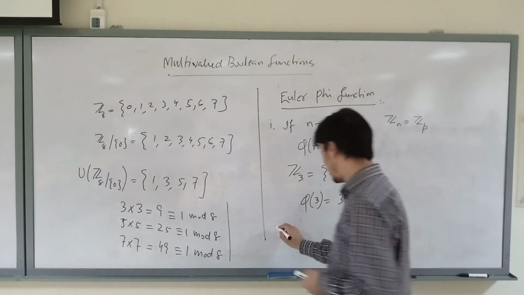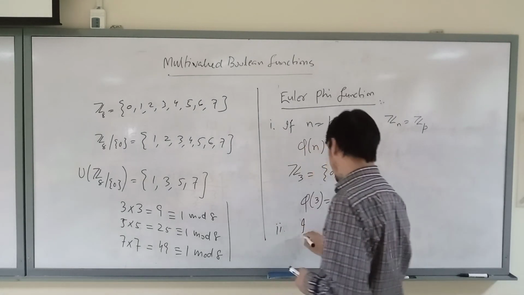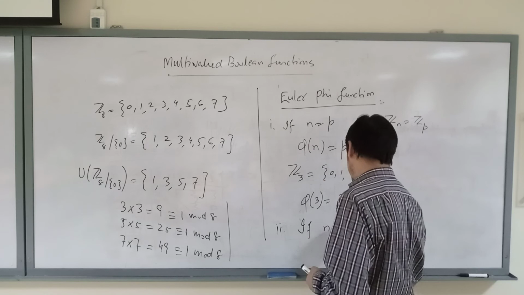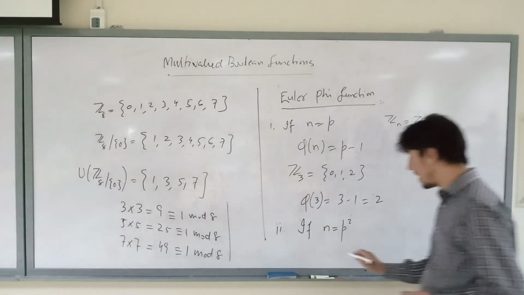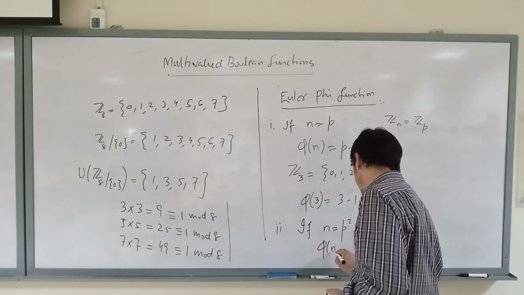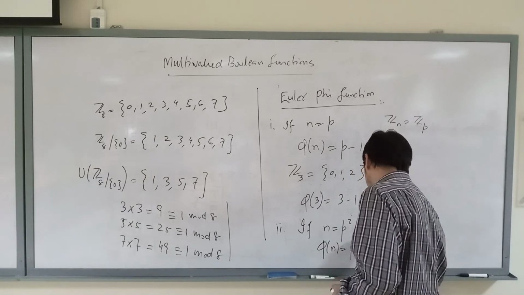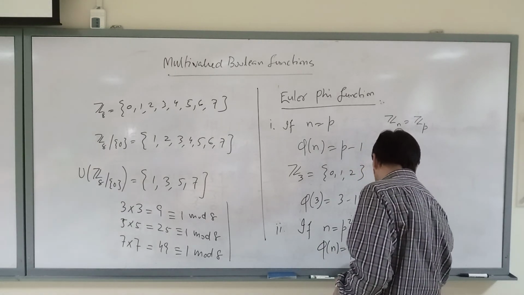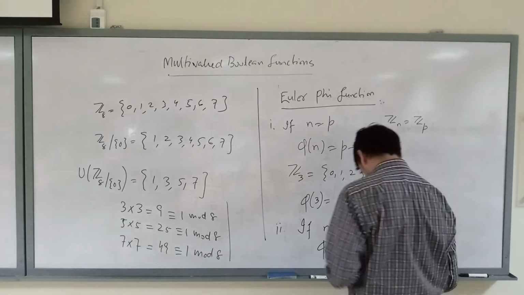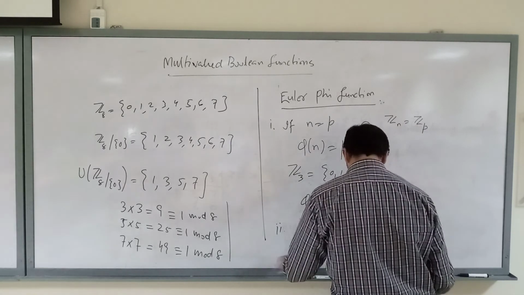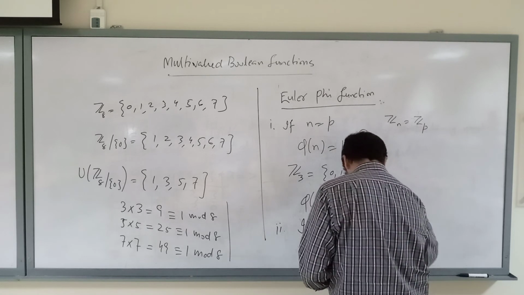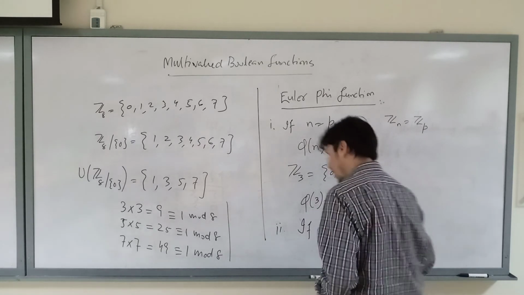So let me elaborate this with an example. If I have n is p to the power i, in that case you have phi of n.